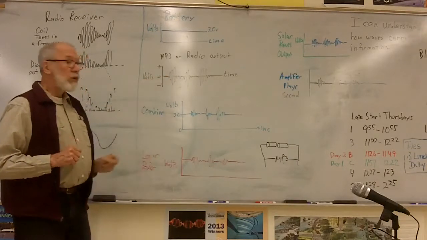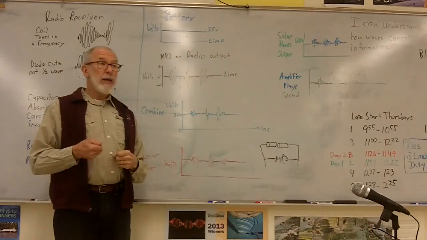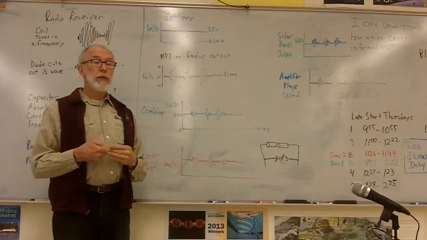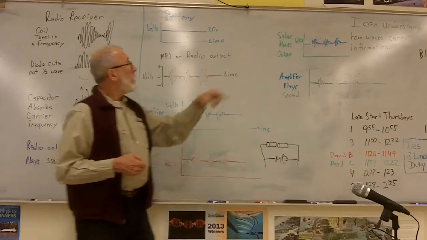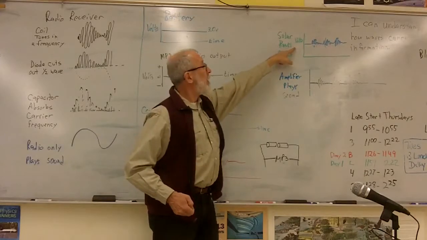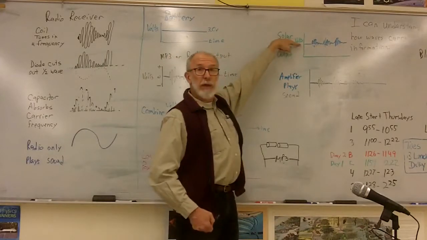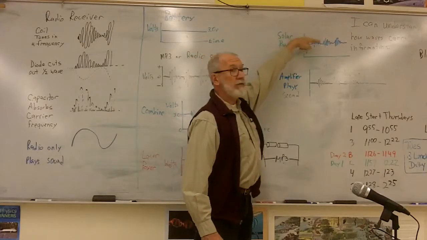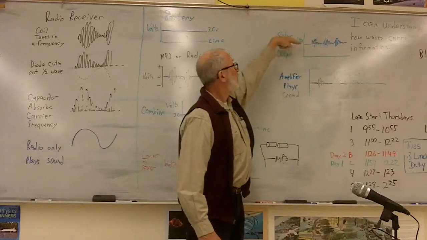So all we need to do is take that and point it at something that converts light energy into electricity, like a solar panel, and we shine our modulated laser on a solar panel, and now the solar panel, instead of giving out a constant voltage, gives out a modulated voltage.